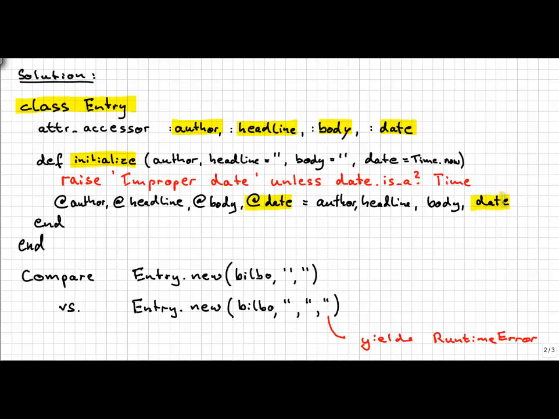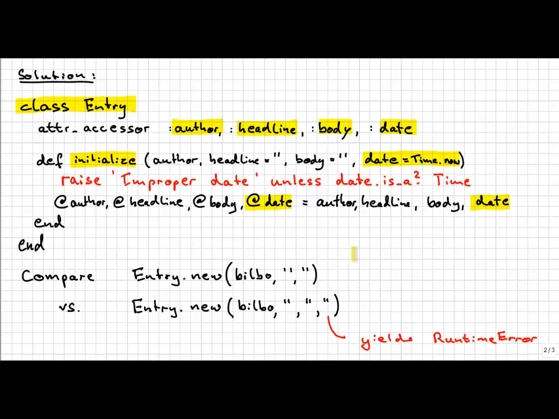Now, if no date is given, we know this to be true because we use a default value of time.now. So there is a time object associated with date out of the box if we don't supply our own date in the initialize call.